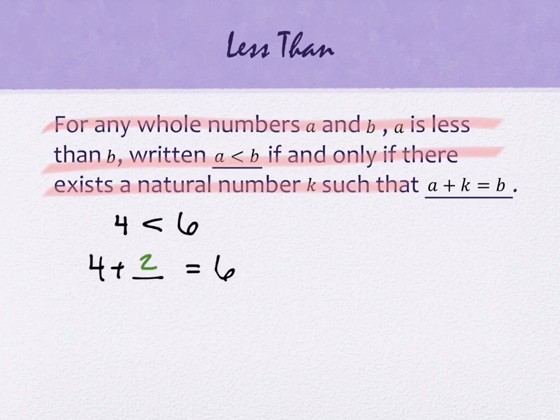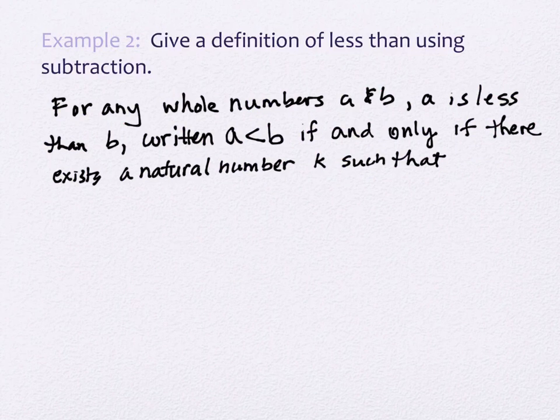Instead of it saying a plus k is equal to b, what could it say involving subtraction using those same letters? Yeah, so I'll keep the order the same, so a is equal to b minus k. So instead of adding k to the a, I could simply subtract the k from the b. And this is equally good in terms of a definition of less than as the first one.